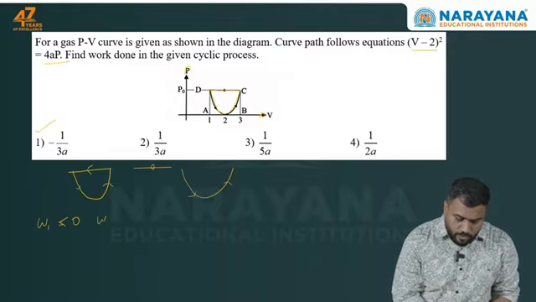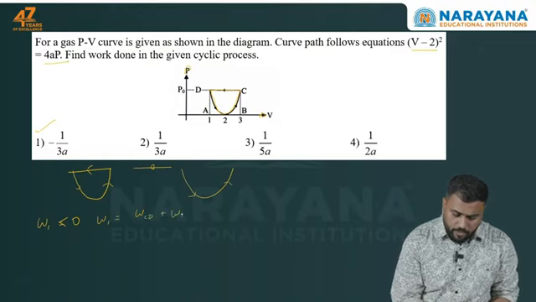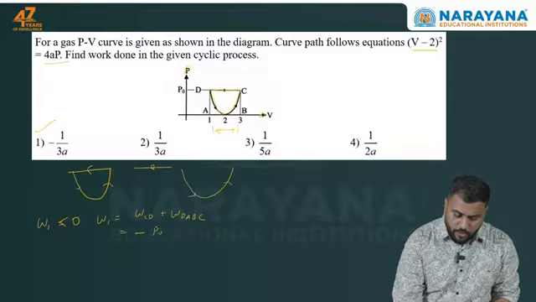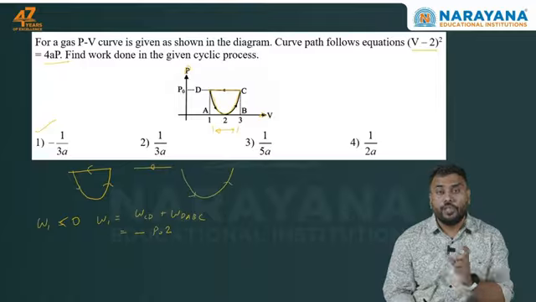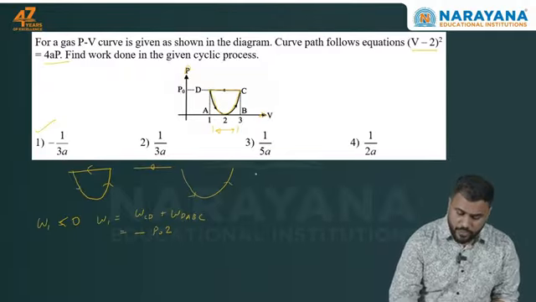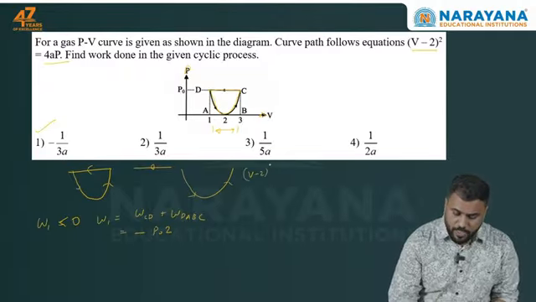So the total work done in the process should be, let's say, D to C work, C to D work is negative, and work done from D to A to B to C is positive. This C to D work will be negative. The pressure is P naught there, and if you see the change in volume here is 2 units. So 2 times P naught. What will be the value of P naught, that is not known to us. So we can use the equation which is given to us. V minus 2 whole square is equal to 4AP.